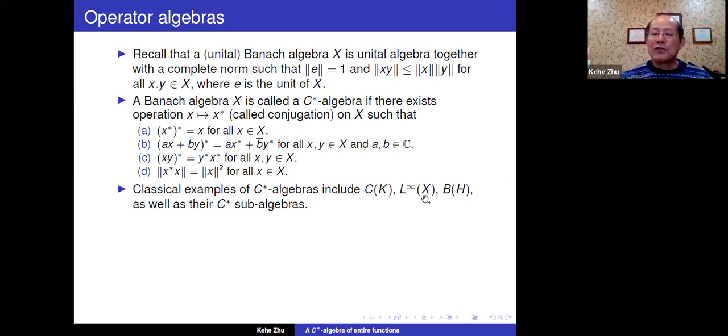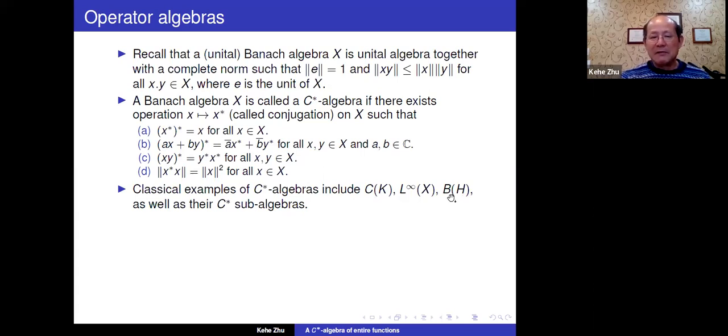Similarly, if you have a measure space X and look at L infinity of X, it is also a star algebra, with the usual addition, scalar multiplication, and function multiplication, and the star operation is again complex conjugation. Those are very typical function algebras.